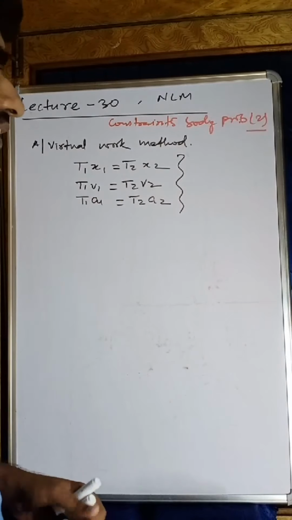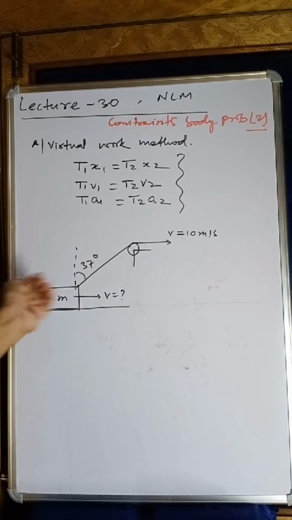What will be the horizontal velocity? If you say the velocity remains the same, 10 meters per second, then you are incorrect. You have to find the velocity with which the block will move along the horizontal direction.